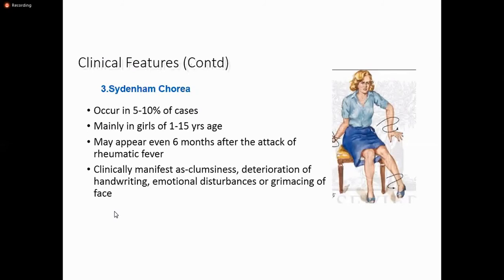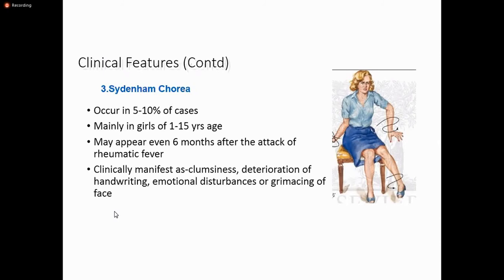The third one is Sydenham chorea, which means that when there is fibrinoid accumulation of antigen-antibody complex in the basal ganglion, the patient may present with chorea. It occurs in only 5 to 10% of cases, mainly in girls of 1 to 15 years of age, and may appear even after 6 months of an attack of rheumatic fever.